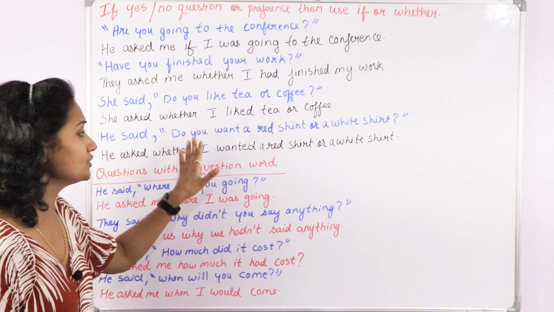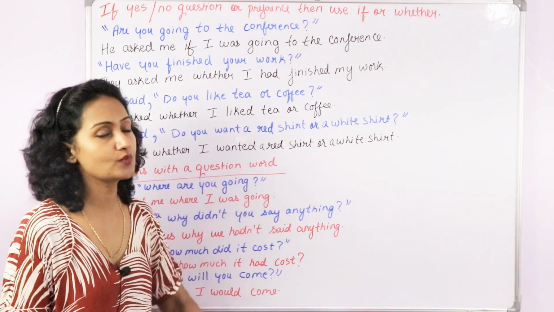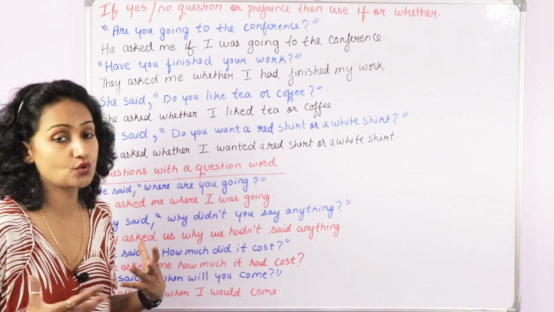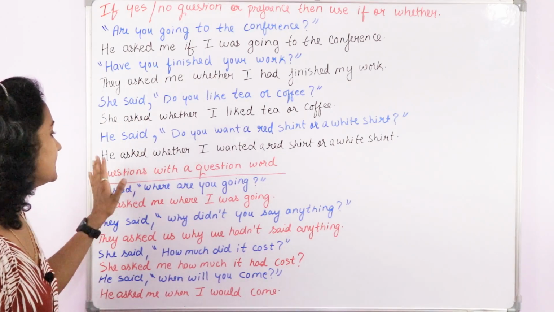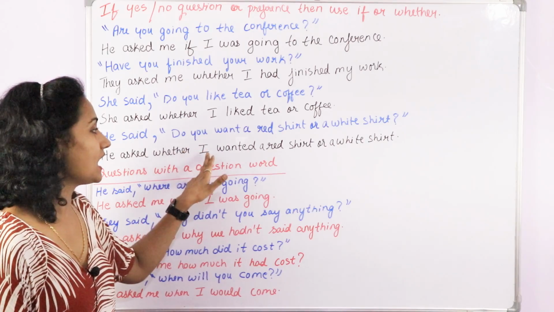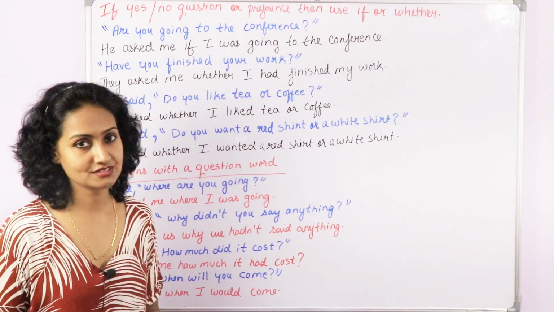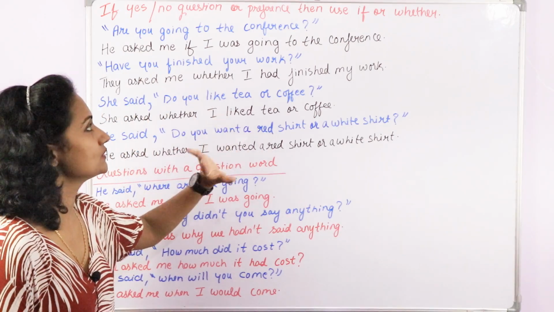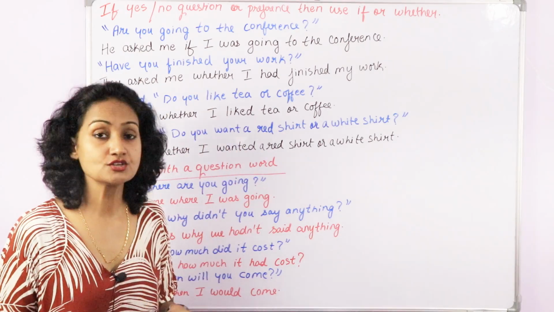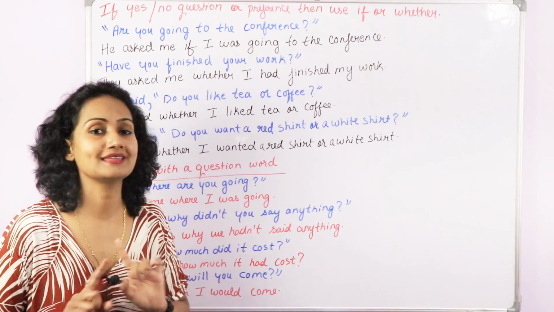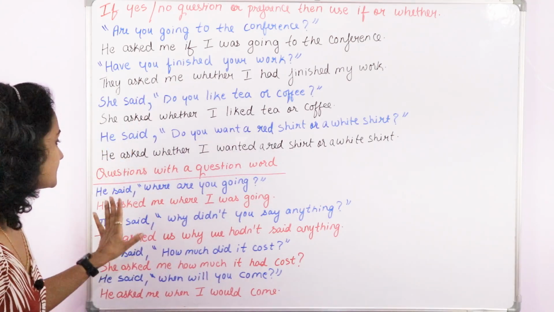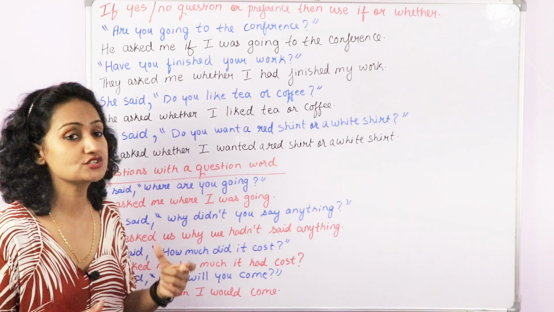He said, "Do you want a red shirt or a white shirt?" Again, a choice, a preference. He asked whether I wanted a red shirt or a white shirt. Okay, so this way you will use if or whether to connect two clauses, not that. Now next, questions with a question word.